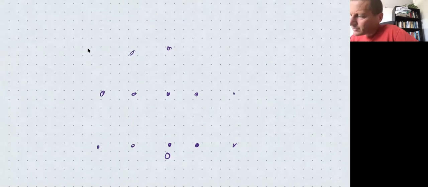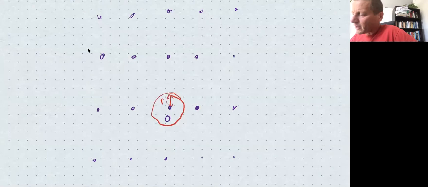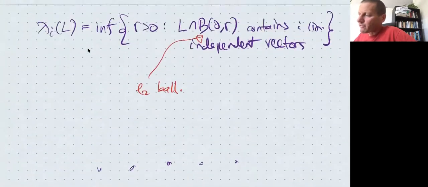When R is small, say this radius is R1, all the lattice elements in this ball are just 0, so the dimension of the space spanned by this is 0.